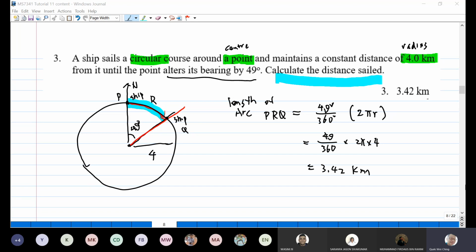Now Puka Tini is not here yet. Anyway, let's move on. So I have finished question 3 already. So I'm going to move on to question 4.